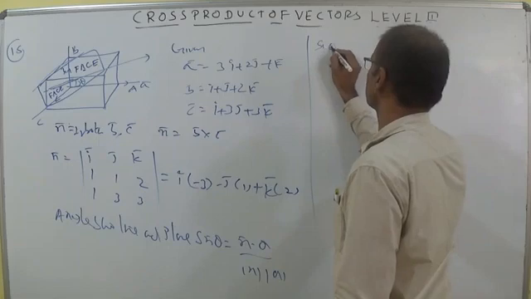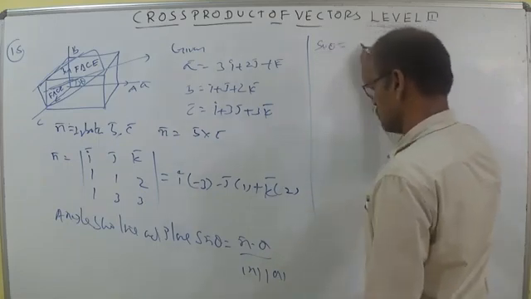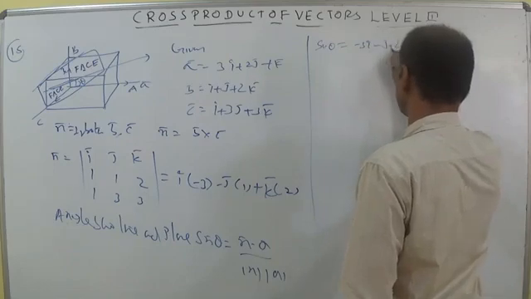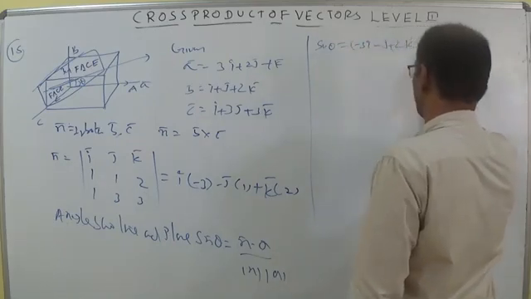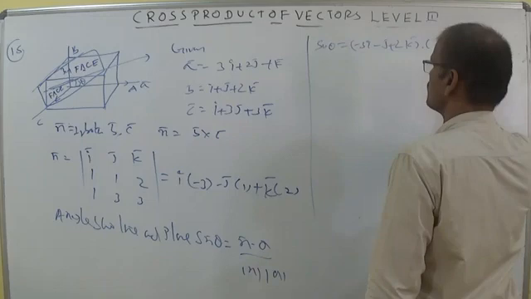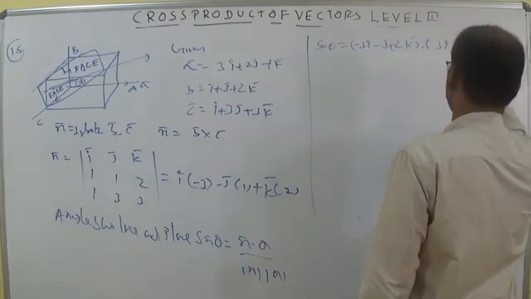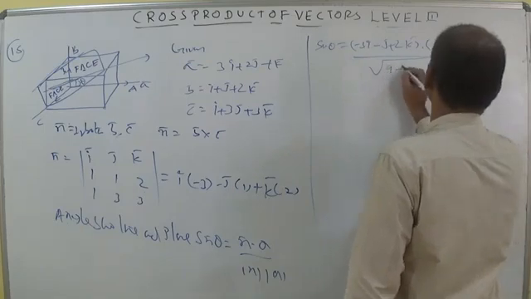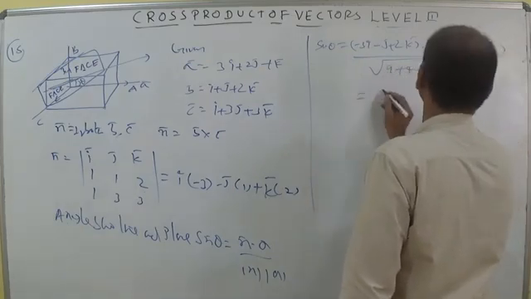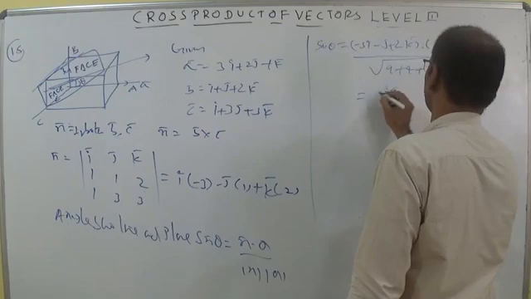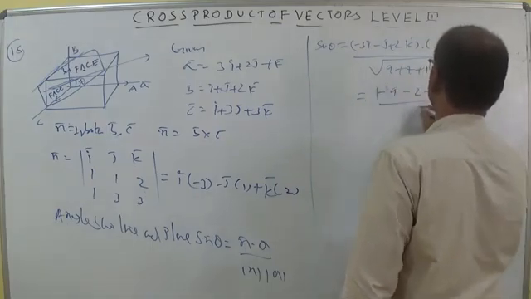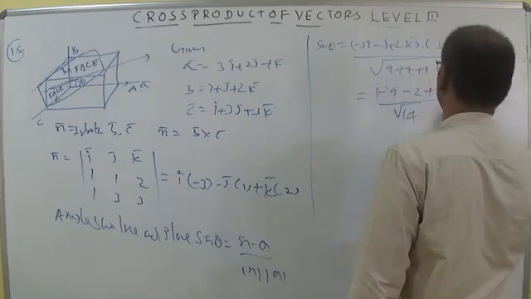That implies sin theta is equal to, now we can write the n bar value minus 3i minus j plus 2k dot the a bar given as 3i plus 2j plus k, whole by magnitude of this one, 9 plus 4 plus 1. This is minus 9 minus 2 plus 2 over modulus, whole by root 14.